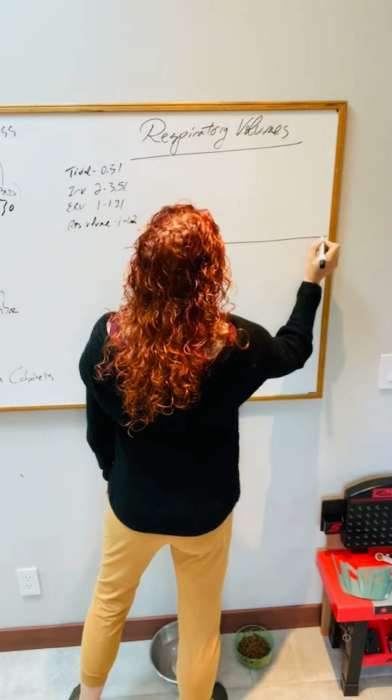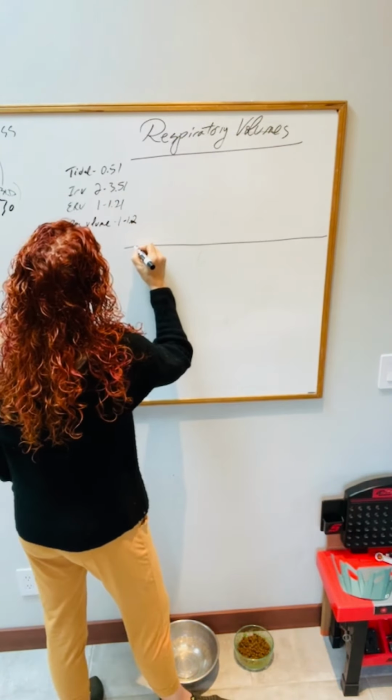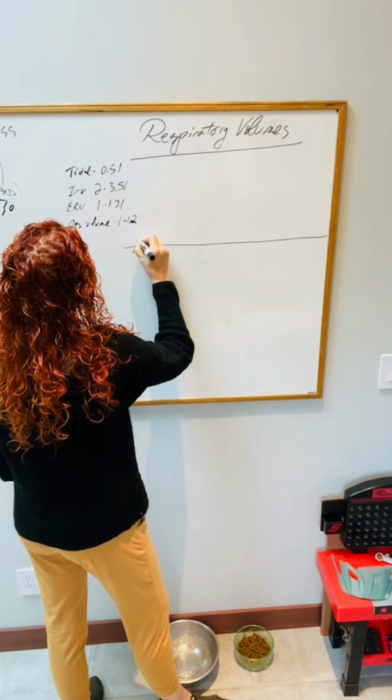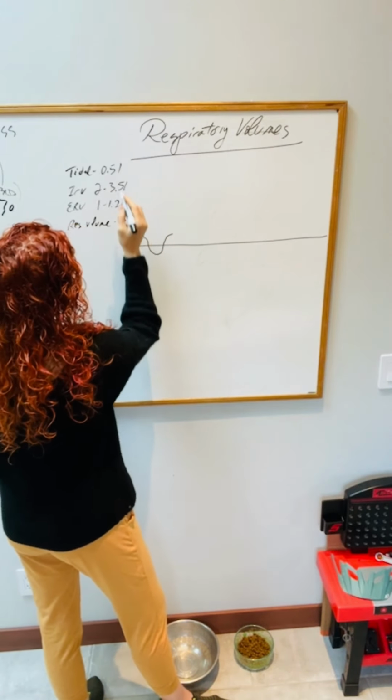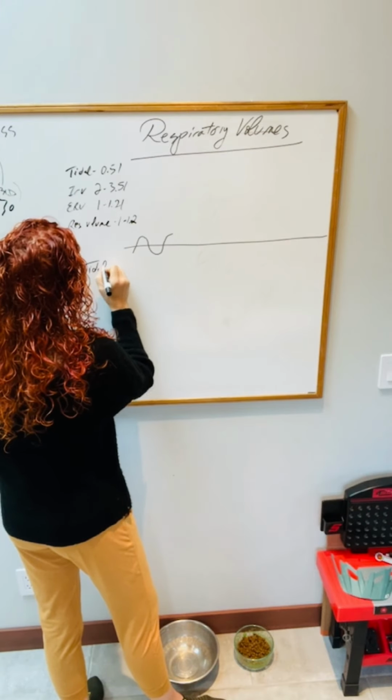And this is the mid-range of your breath capacity. And your tidal volume kind of looks like this. We'll say that it's right here, 0.5 liters, tidal volume.